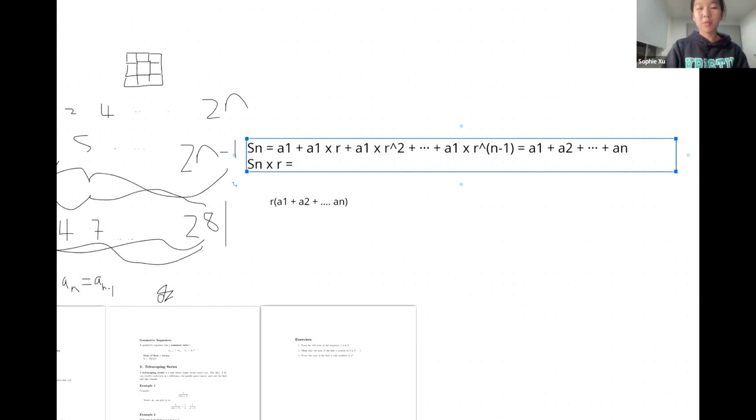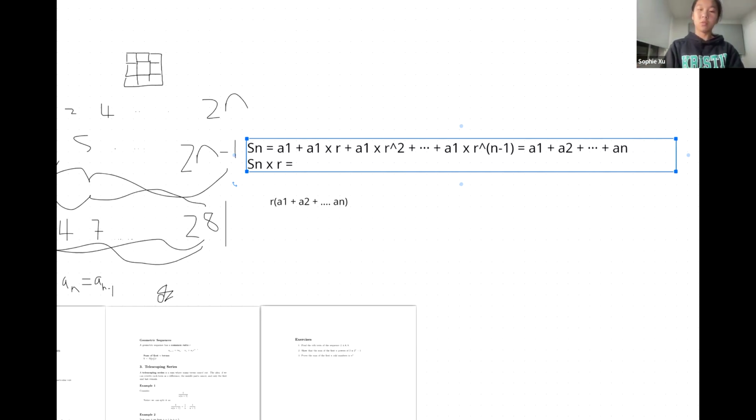So one of the ways we can write this is a1 r plus a1 r squared, and then all the way to this.